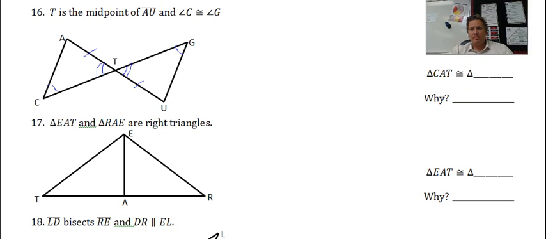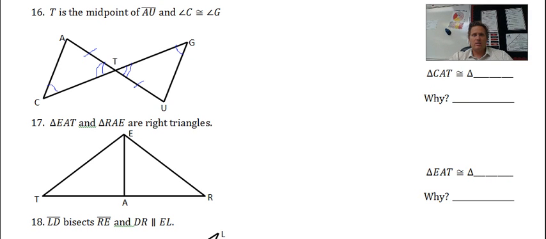Are these triangles congruent? They are, because we have angle, angle, side. Remember, it's not angle, side, angle, because that side is not in between. C is congruent to G, so I have to make sure those match up. A is congruent to U, and T is vertical, so those are the same.